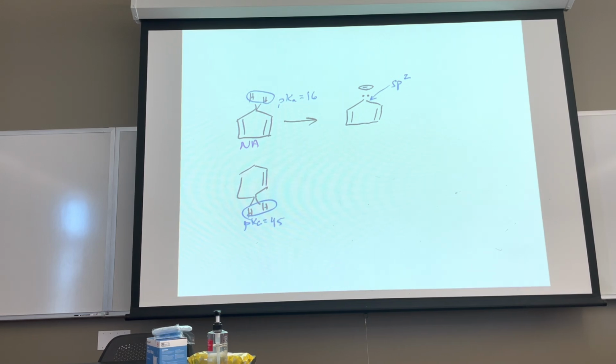Right. It's a little bit unusual, right? Because in Gen Chem, you learned that something of this bonding style should be sp3 hybridized and trigonal pyramidal like ammonia. However, the exception to that is when you have these lone pair containing atoms adjacent to a pi bond, they are sp2. Okay?